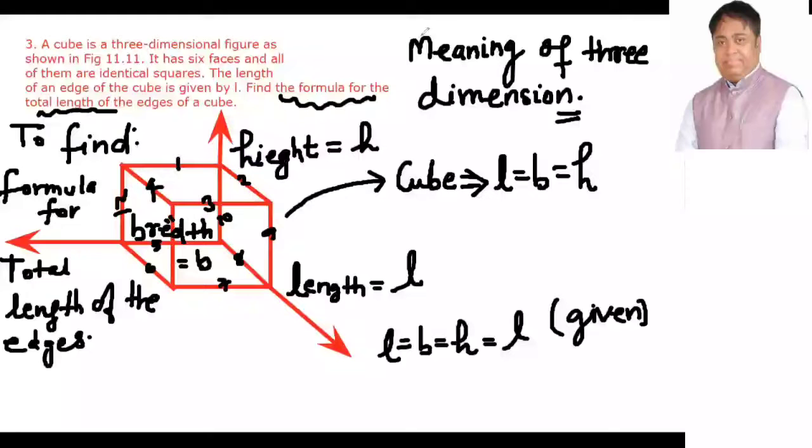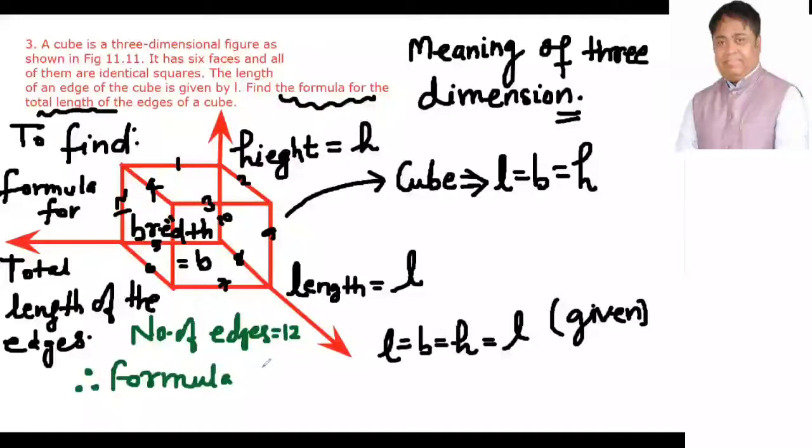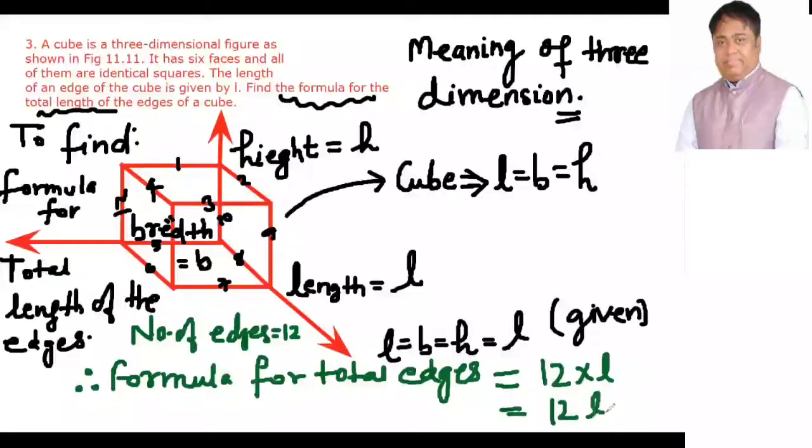So we know that number of edges equal to 12. Therefore, formula for total edges will be equal to 12 into L will be equal to 12L. Answer. If it is clear, raise your hand.